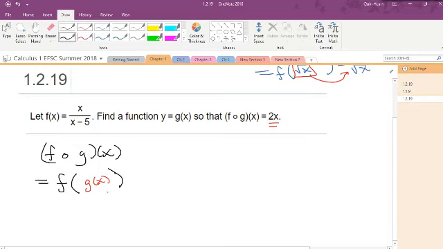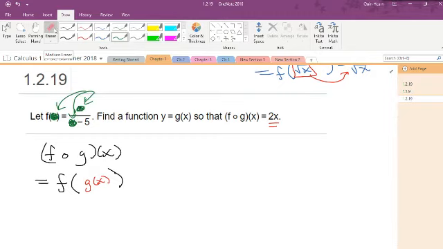All right, so I don't know what g of x is, but I do know what happens when I plug g of x into f. What f does to anything we plug into it is it takes it and divides it by itself minus 5, right? So we're having to put now g of x into the function f.